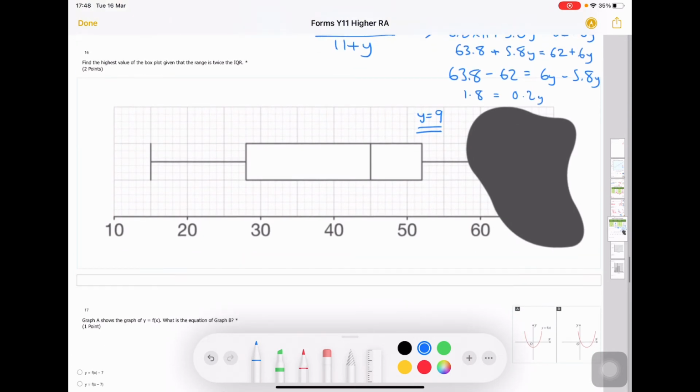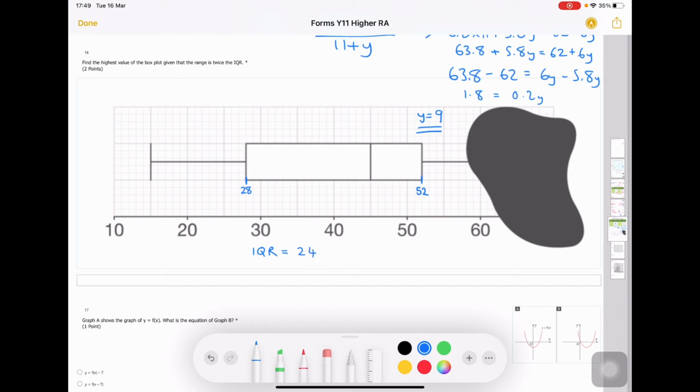Find the highest value of a box plot given that the range is twice the interquartile range. So find the highest value. Okay, let's work out the interquartile range. So the interquartile range is 52 take away 28. So the IQR is 24.